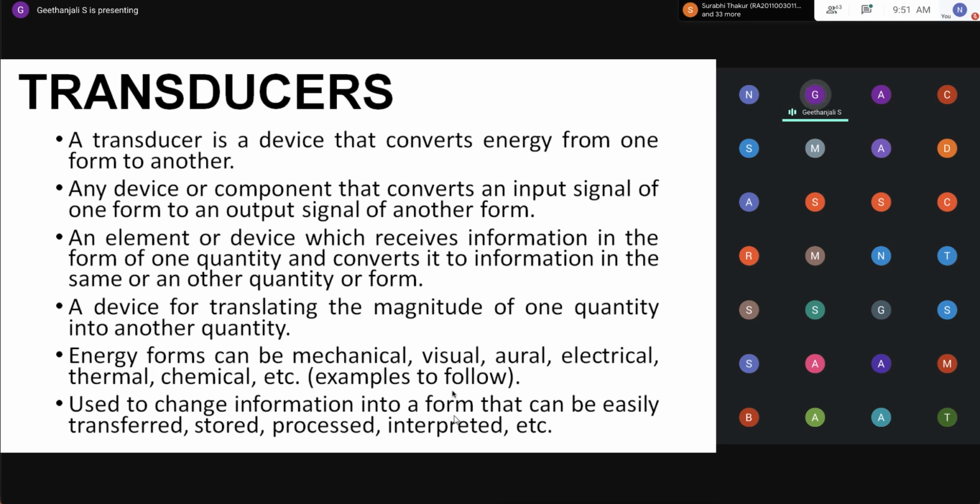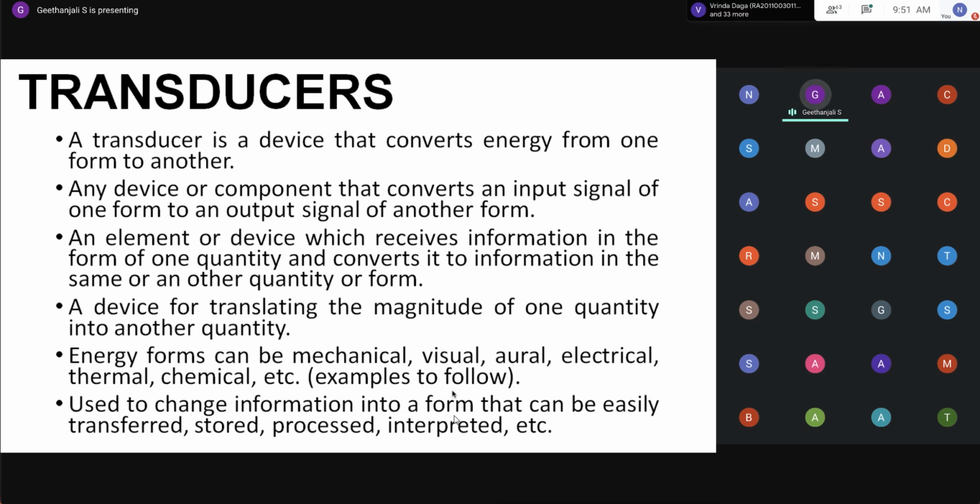So it is happening by using transducers here. That is the reason we are using transducers for some applications. We will see the applications in detail one by one.